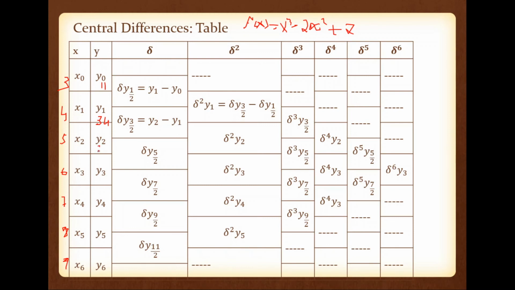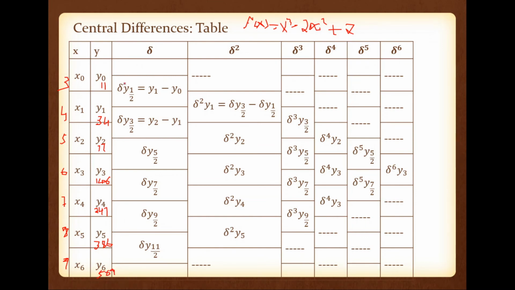Then corresponding to 6, we have 146. Then corresponding to 7, we have 247. Corresponding to 8, we have 386. Then corresponding to 9, we have 569. So these are the data, right?